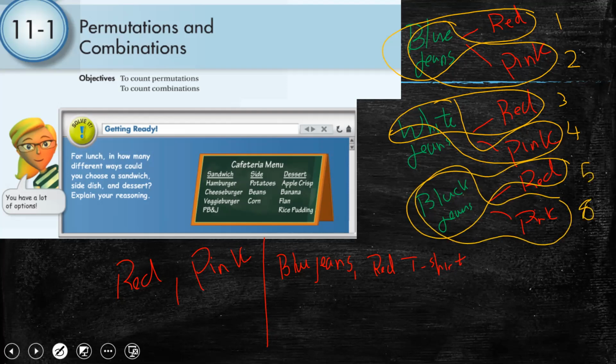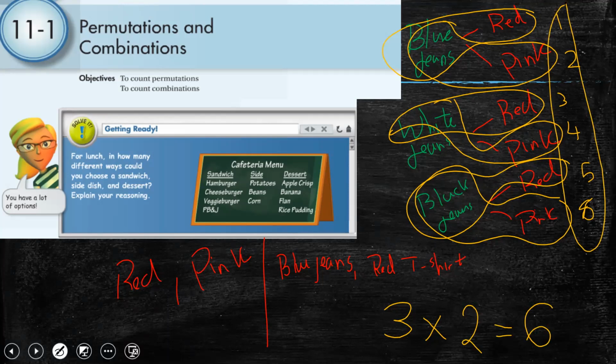So you can write them as a tree to know that you have 6 ways to wear jeans with a t-shirt, or you can multiply. How many choices do we have for the jeans? We have 3 choices. How many choices for the t-shirt? 2. If you multiply 3 by 2, you will get these 6 ways.